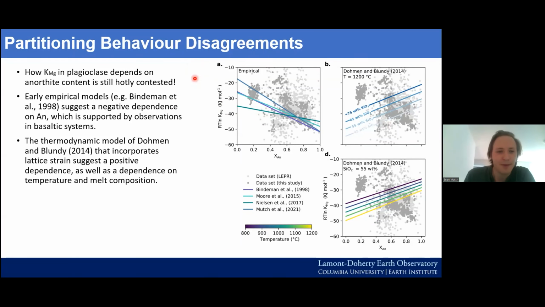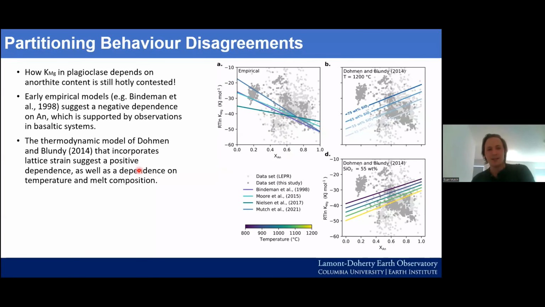Some early empirical models, particularly that by Ilya Bindeman and others, who did experiments at basaltic and basaltic andesitic conditions at high temperatures, generally found a negative dependence between the anorthite content and the partition coefficient. Some other models have shown similar things, but these are mostly based on basalts.